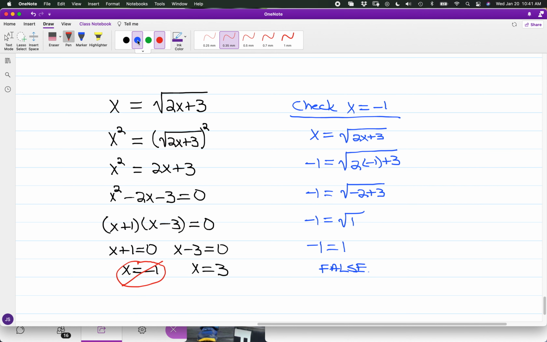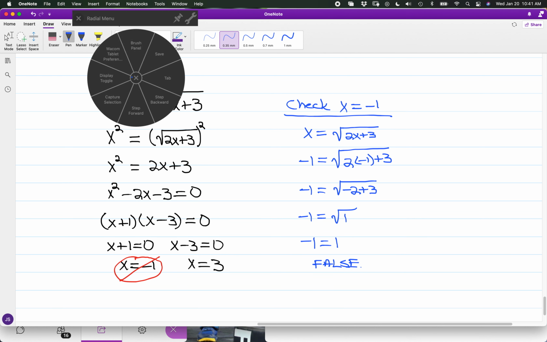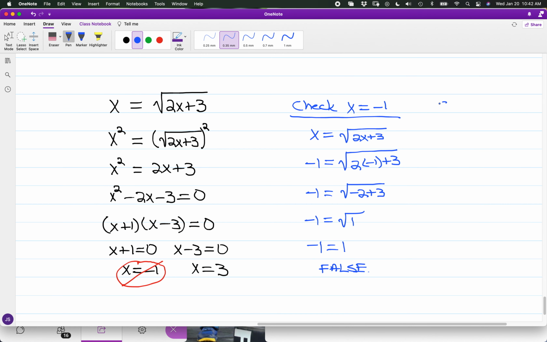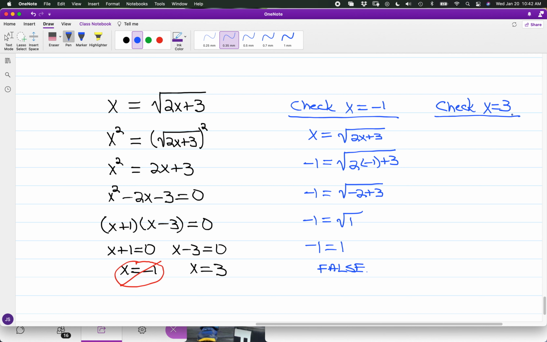Okay, so we could have had potentially up to 2 solutions, and now it looks like there might be 1 solution or no solution. If I check x equal to 3, going back to the same equation but this time with the input value of x at 3, I have 3 is equal to the square root of 2 times 3 plus 3.